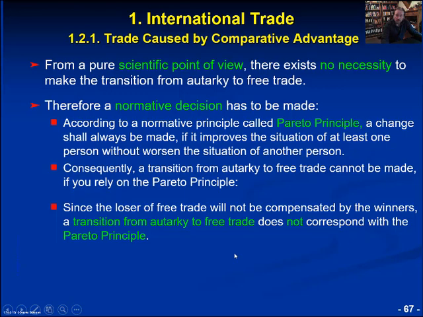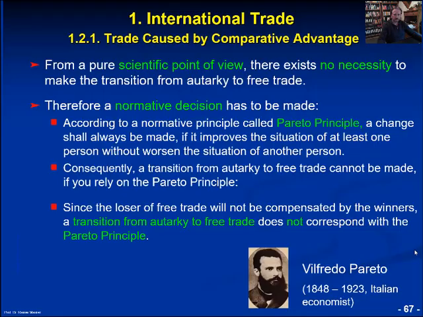Since the losers of free trade will not be compensated by the winners, a transition from autarky to free trade does simply not correspond with the Pareto principle. This is Vilfredo Pareto, an Italian economist living in the 19th century.